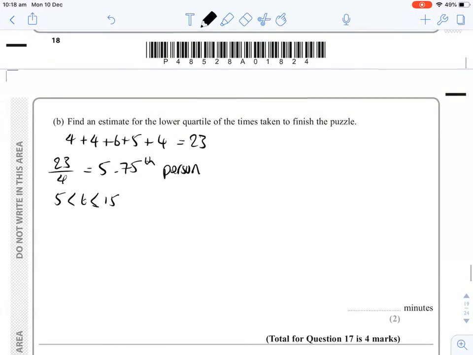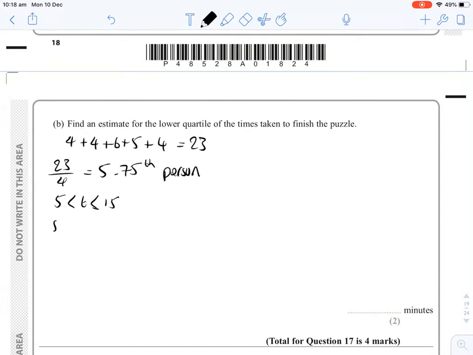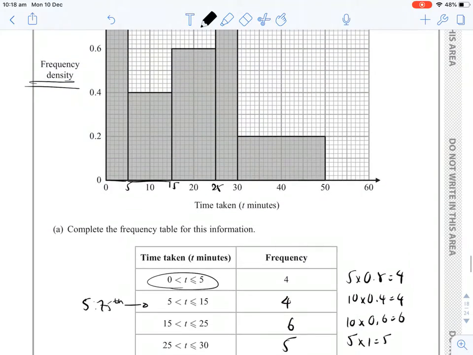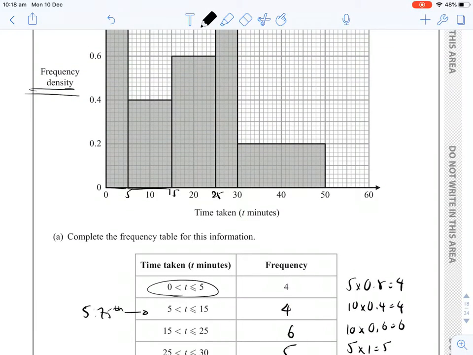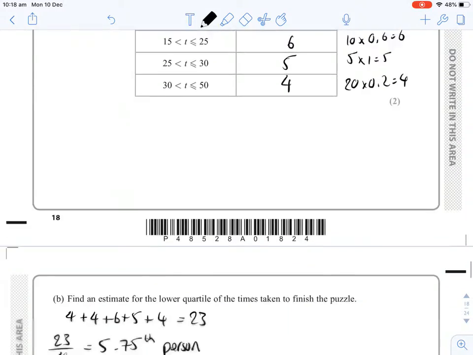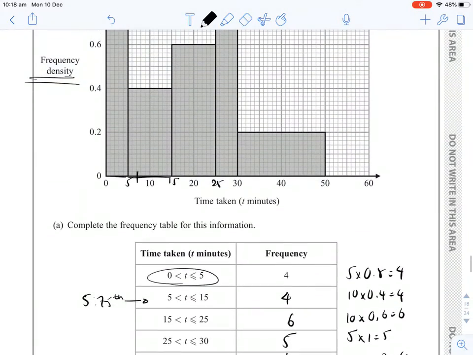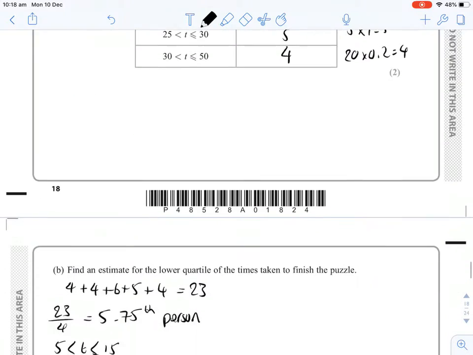So what we've done is we've had 4 up to the group, so 5.75 take away the 4 tells us we need to go 1.75 people into that group. So what we need to do is we need to say when the area is 1.75, whereabouts on the axis here does it fall? So if we want the area of the bar to be 1.75, we can see that the height is 0.4.